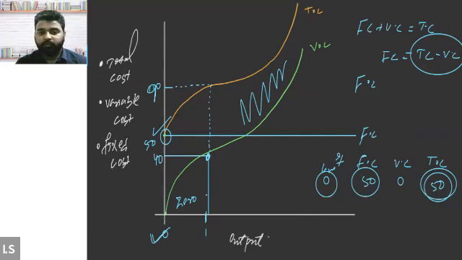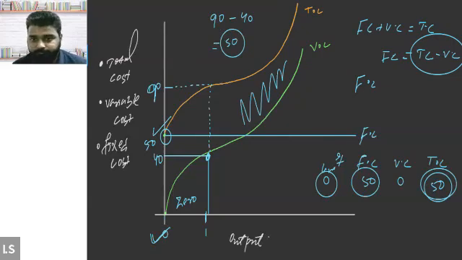Now tell me, at 1 unit, if total cost is 90 and variable cost is 40, then how much is the fixed cost? It will be 50. So the difference between total and variable cost always indicates the value of the fixed cost. Is that clear, Alexander? Yes, sir. Okay.